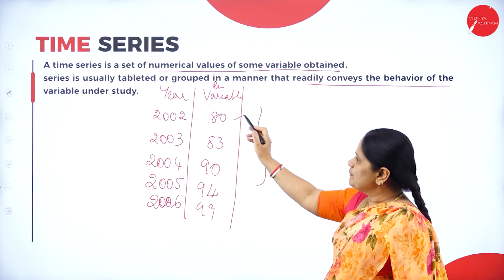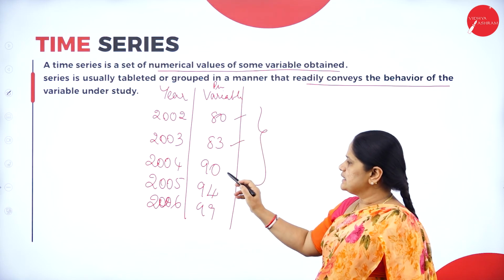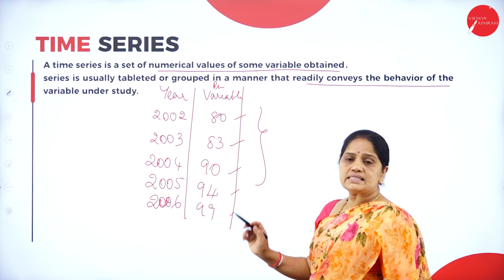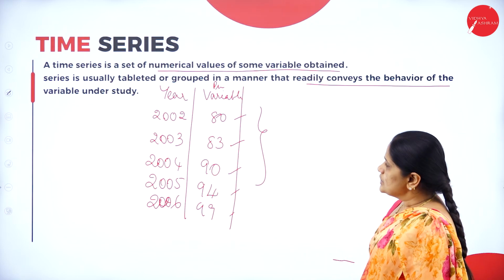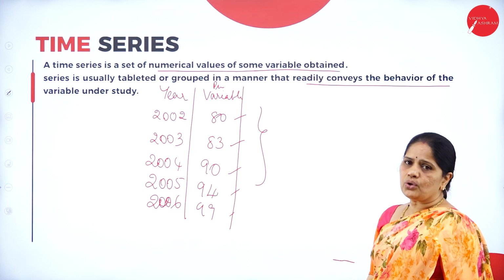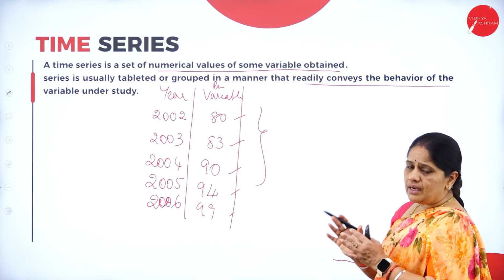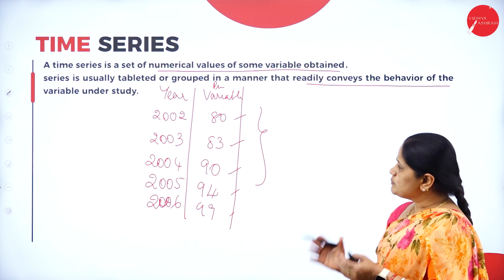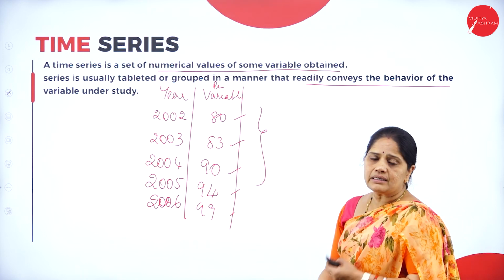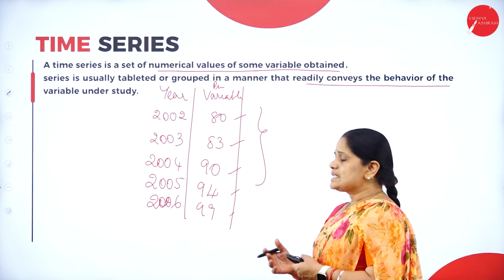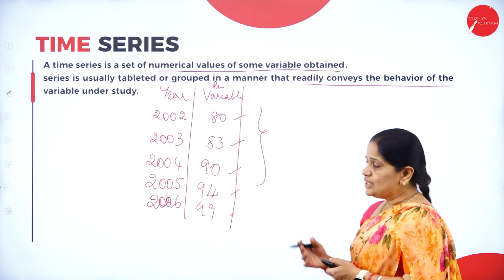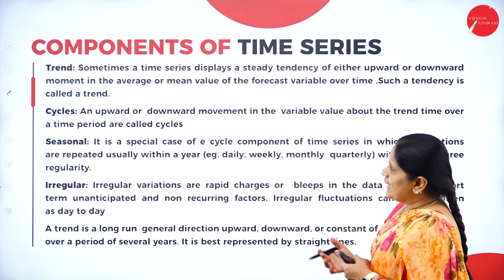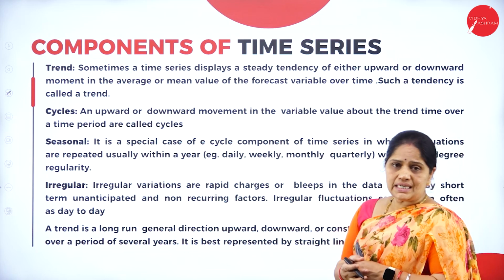So, we have the production of 80 tons, 83 tons, 90 tons, 94 tons and 99 tons. So, in this way, we will be able to know what the variable is related to, and it is presented in a tabulated manner so that we will be able to easily recognize whatever is being told here.